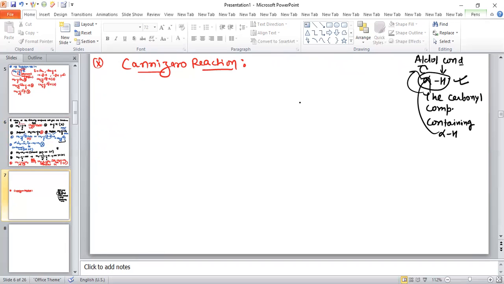But for the Cannizzaro reaction, it is reverse. Aldehydes having no alpha hydrogen will give the Cannizzaro reaction. Aldol condensation occurs in the presence of dilute base, dilute NaOH, but the Cannizzaro reaction is in the presence of concentrated alkali.